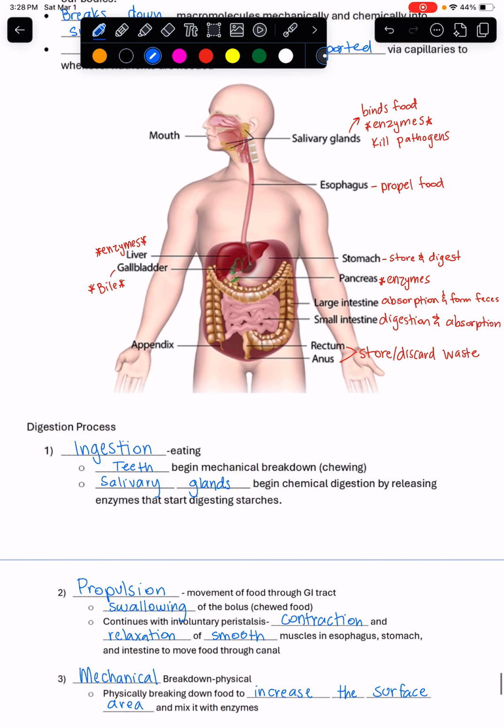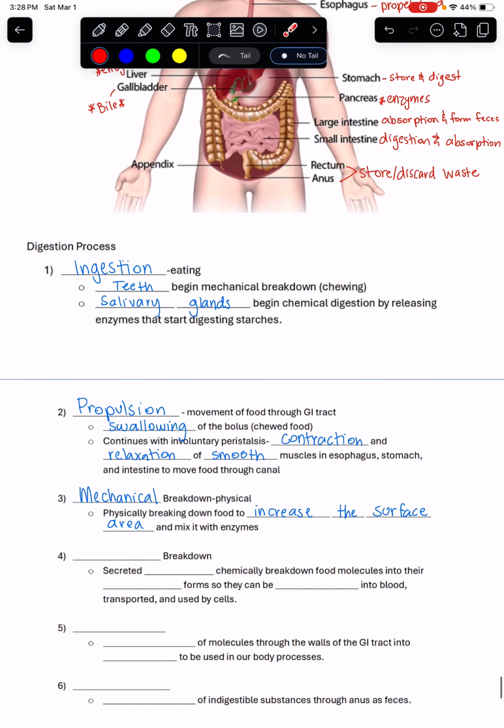So other places where we might see this is like in our stomach. As our stomach churns or our stomach contracts and relaxes, we're going to begin mechanically breaking down or physically breaking down our food. And so that's another place where we see this mechanical breakdown.